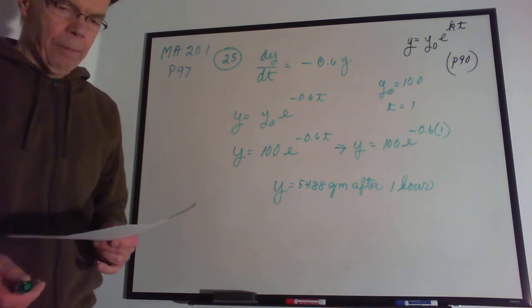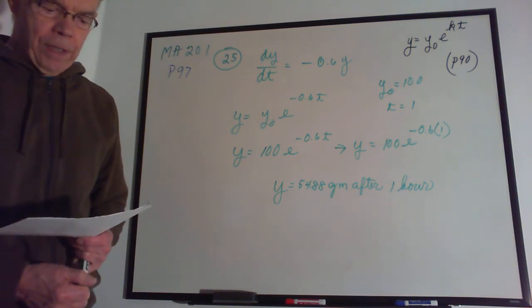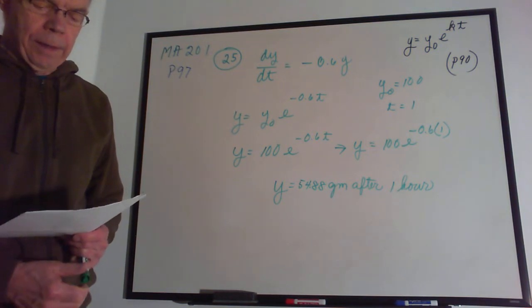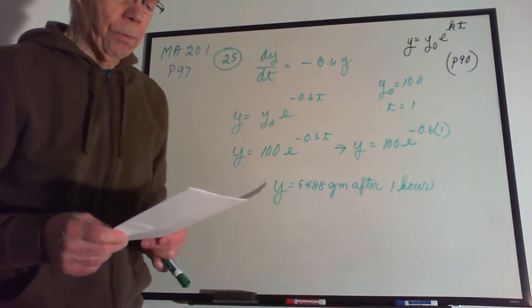Let's take a look at problem number 26. I'll put it on the board. You try it at your seats. All right, just plug into this formula the information they give you.